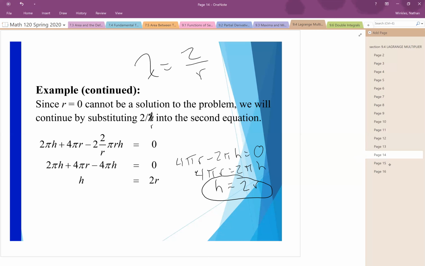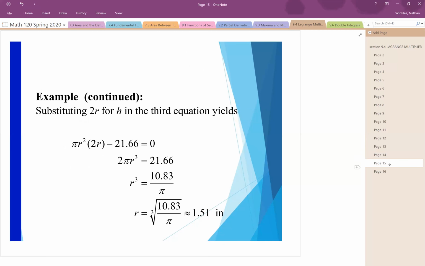So therefore, we are going to plug into our third equation. So we get pi r squared times 2r minus 21.66 is equal to 0. So then we get 2 pi r cubed equals 21.66, dividing each side by 2 pi. 21.66 divided by 2 gives us the 10.83.